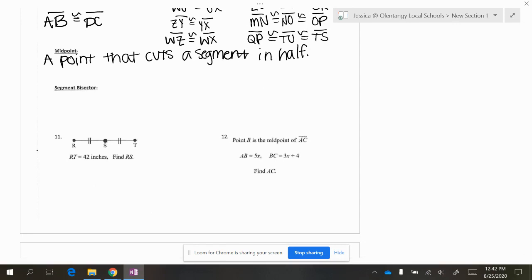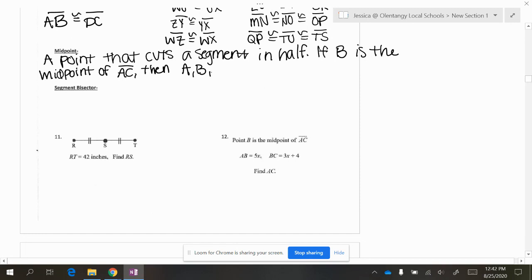So for example, if B is the midpoint of segment AC, then you can say that points A, B, and C are collinear.